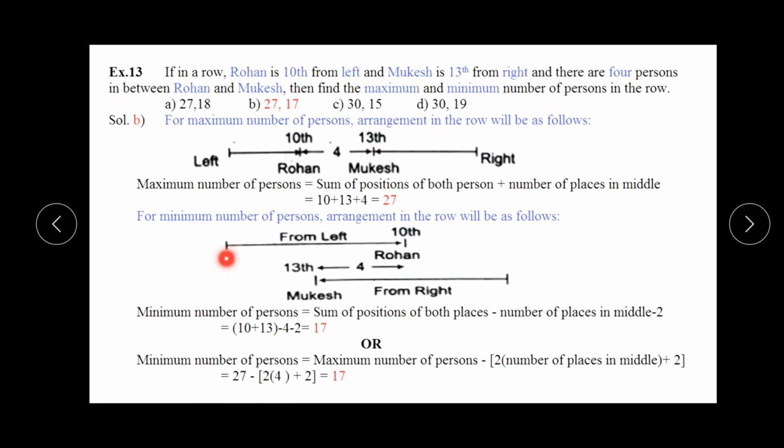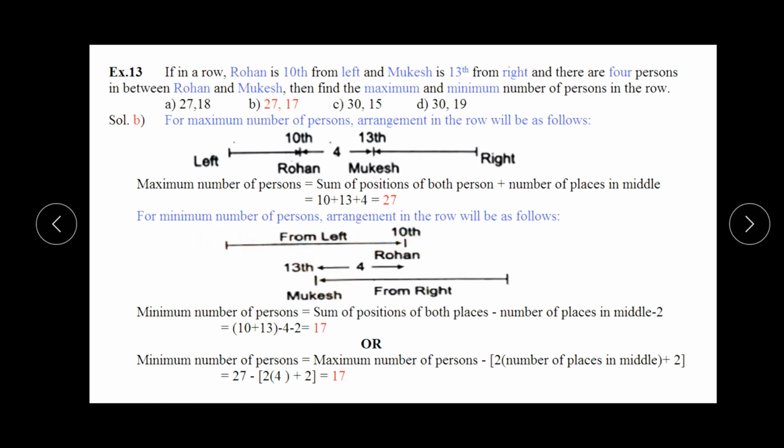Okay, if Rohan's place is 10th from the left side, here, and Mukesh's place from the right side is here, what are we doing? We are counting this position twice, these 4 positions twice, and this Mukesh position also twice, when we were counting from left to right.